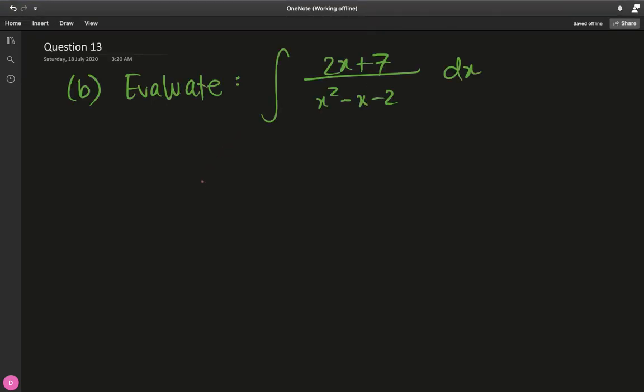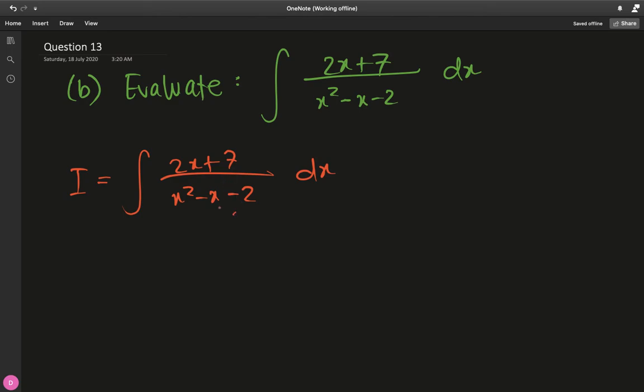Okay, so moving on to option B of question number 13, which happens to be the penultimate question of this video. So anyways, we have to evaluate this integral. Call that I, 2x plus 7 divided by x squared minus x minus 2 dx. So notice we have a linear divided by a quadratic, so we can try to mimic the derivative of the denominator on top.